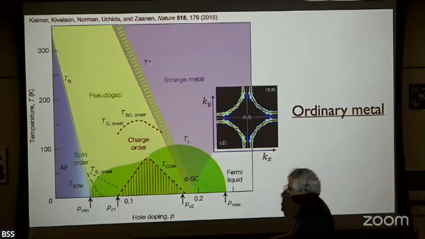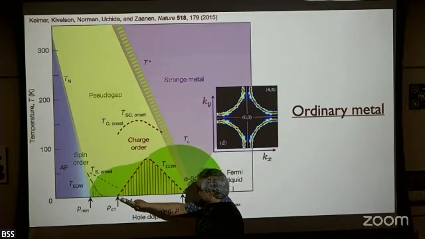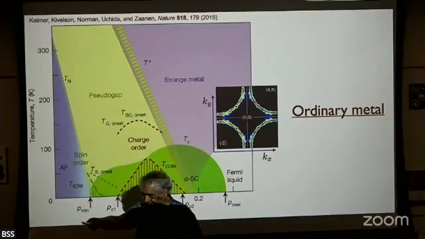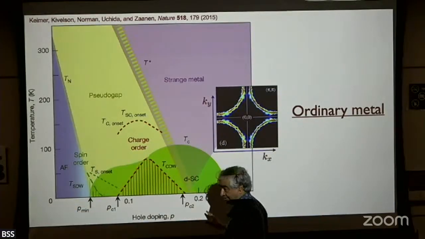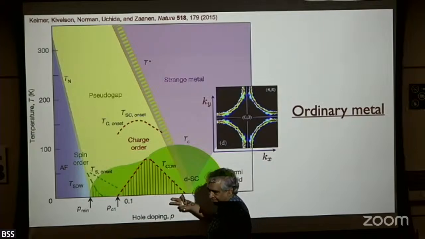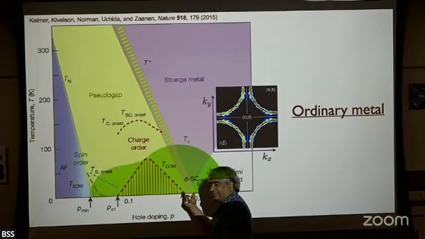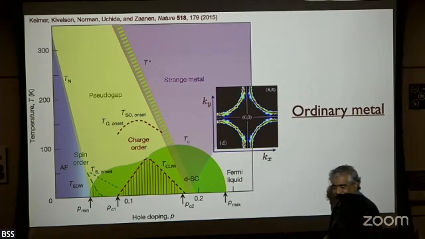One thing I should mention is that this Pc1 and Pc2 is measured in high magnetic fields. So you add another axis, and you get rid of the superconductivity, and then you see some order. So then the question is, in high magnetic field, is there any region where you see a pseudogap, but no order? There is a very tiny region in LNSCO.